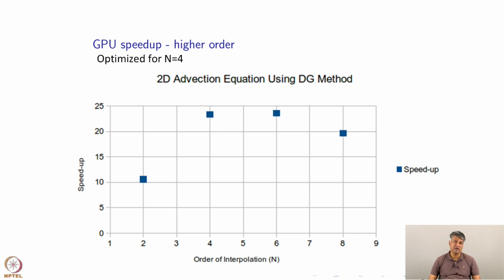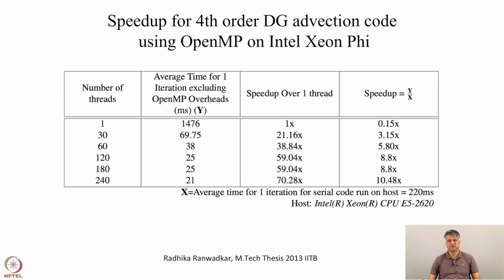If you further optimize it for memory fetches and other things which we have discussed in this class, you can even extract 25 times speed up at higher orders of interpolation. So this is another set of speed up statistics on Intel Xeon Phi, and you can see here you can get extremely high numbers of speed up over one thread by just optimizing these methods.